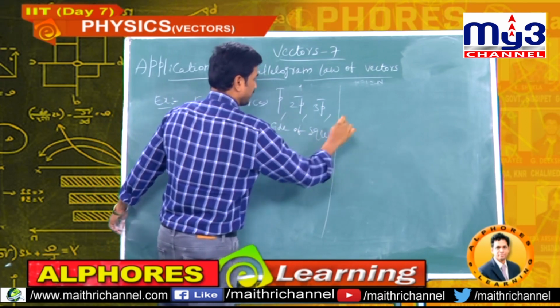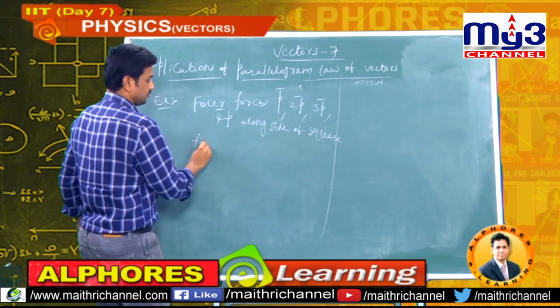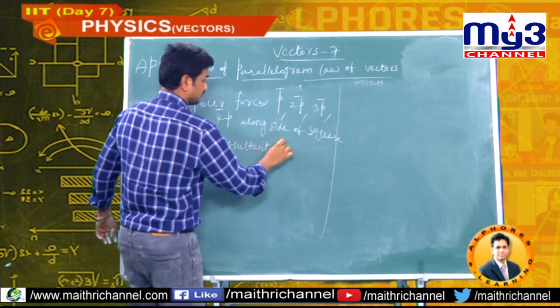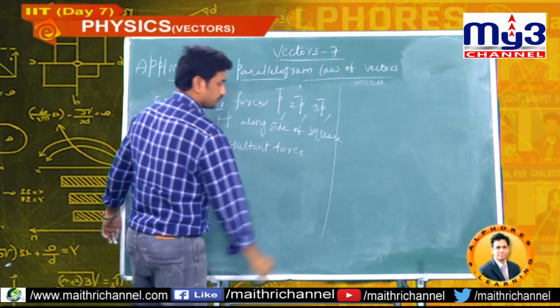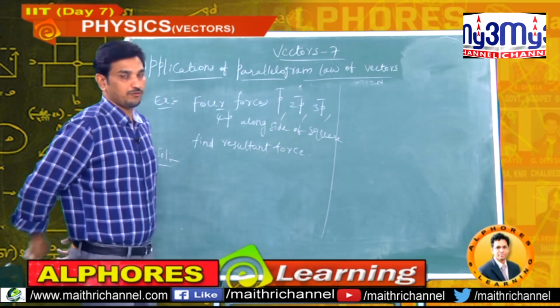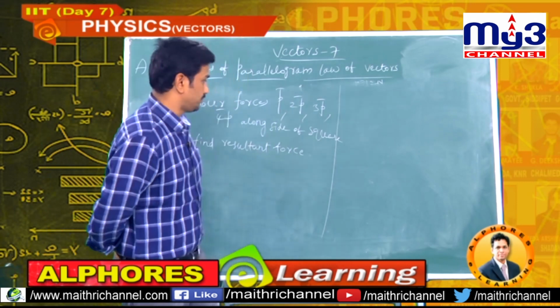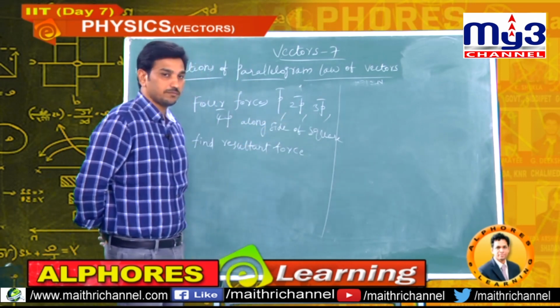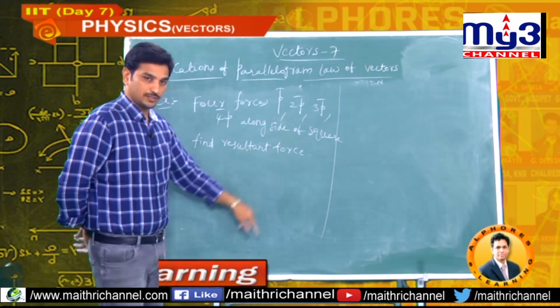Now find the resultant force. How many forces are there? Four forces are there: P bar, 2P bar, 3P bar, 4P bar along the sides of the square. Then find the resultant of these forces.